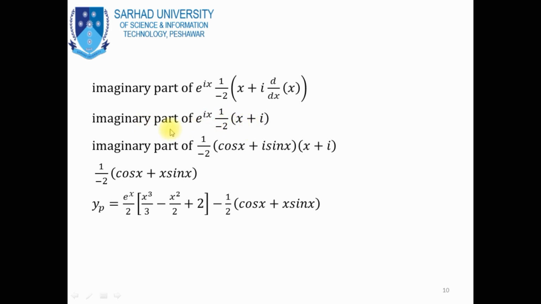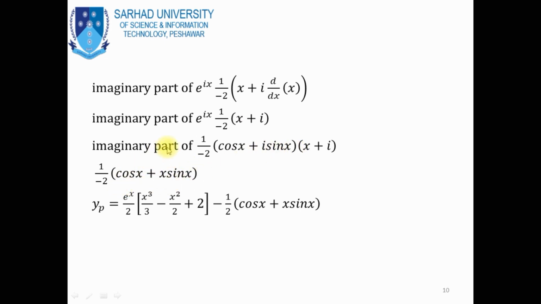Now the imaginary part of e power iota x, I mean minus 1 over 2 (cos x plus iota sin x) and (x plus iota) as it is. Now after multiplication, the imaginary part is cos x iota is the imaginary part and iota sin x is the imaginary part. So for the imaginary part, take minus 1 over 2 (cos x plus x sin x).